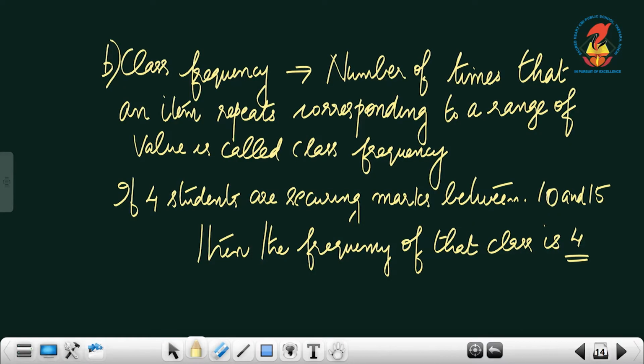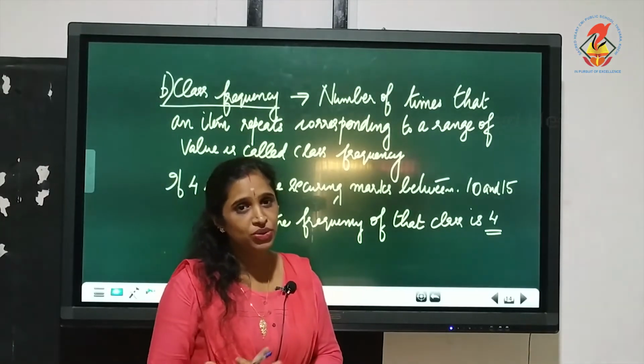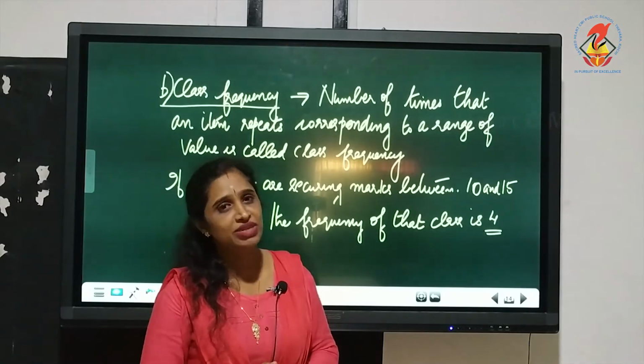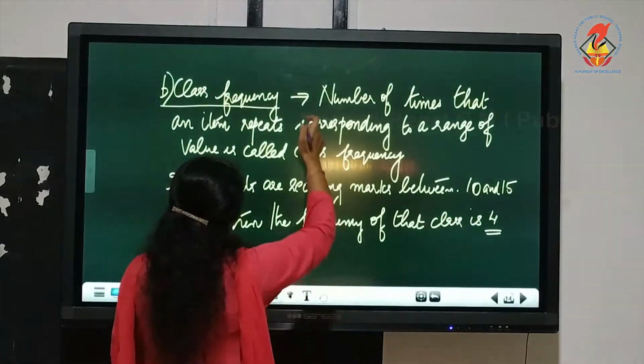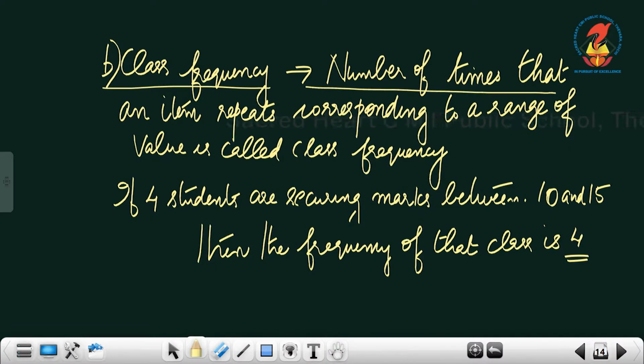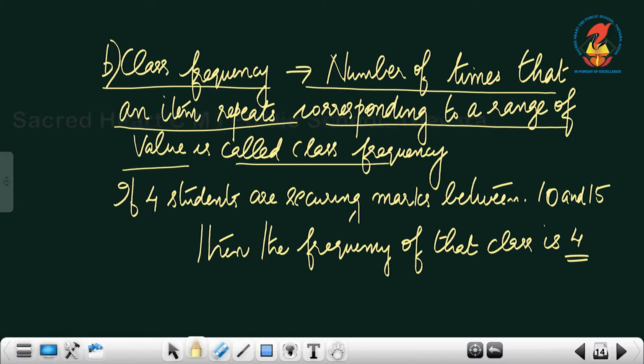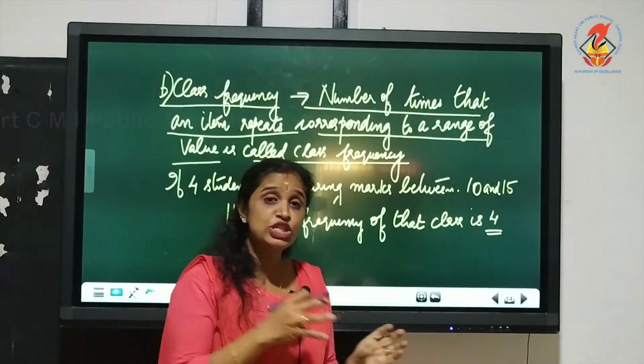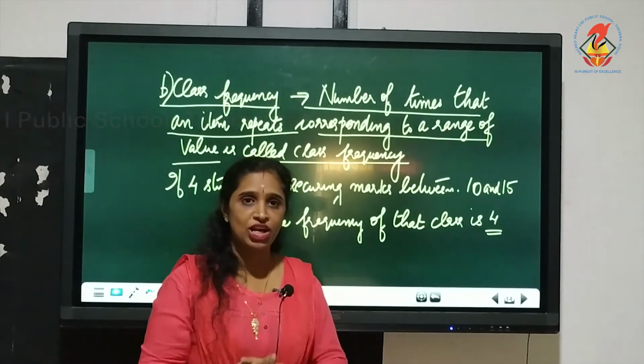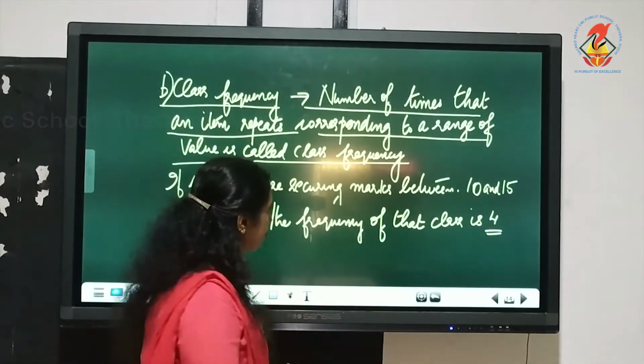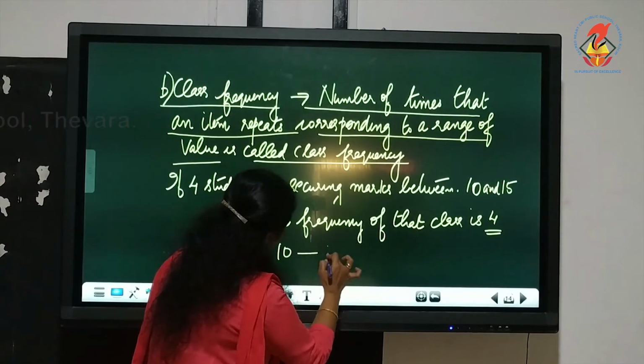Now the next term that you have to understand is class frequency. All these things you have learned in class 10, but you need to learn them again for class 11 statistics. Class frequency: the number of times that an item repeats corresponding to a range of values is called class frequency. What is meant by a range of values? A group of values. Let me give an example: 10 to 15.